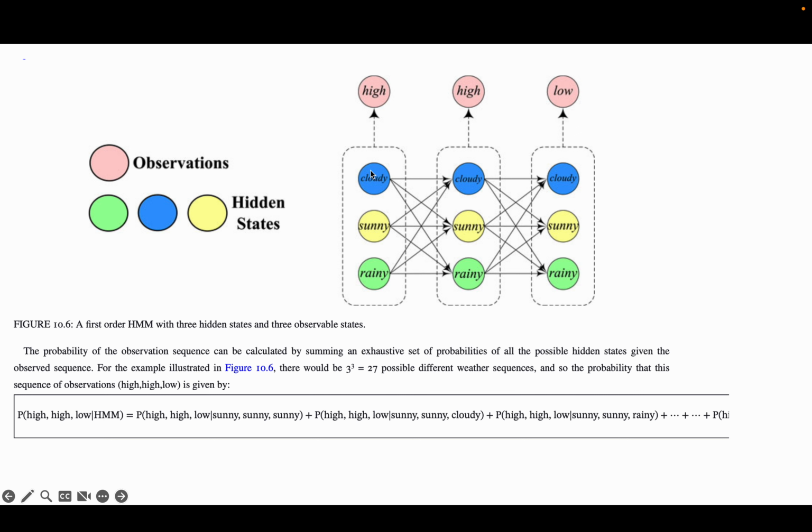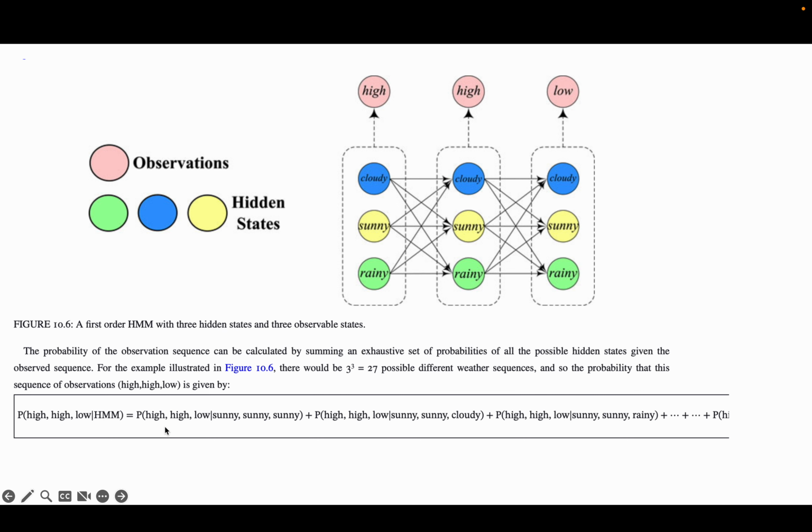So if you look here, there are 3 hidden states and 3 days, and so you would have 27 possible different weather sequences. So the probability that you would have high, high, low observed in this particular system would be the sum of the probabilities of each possible association.